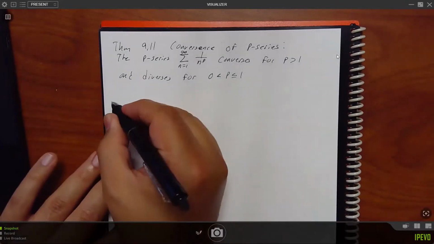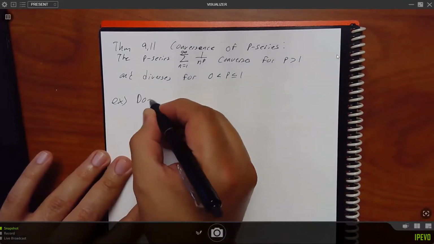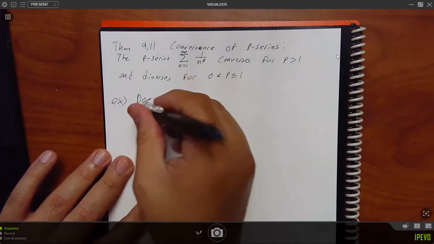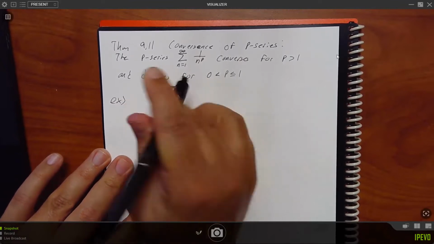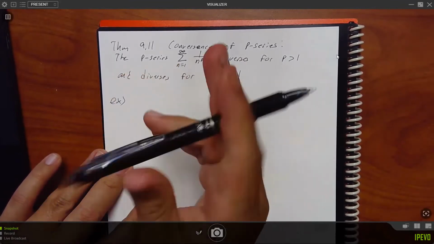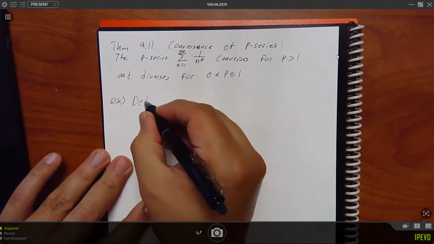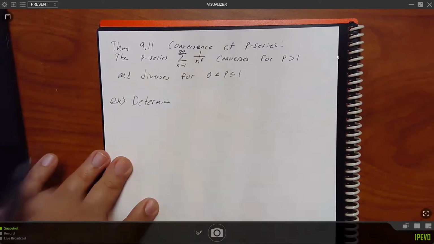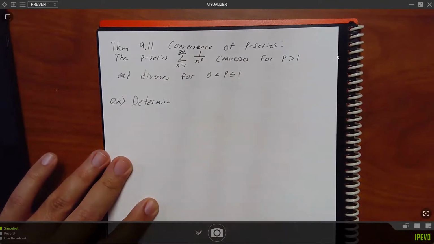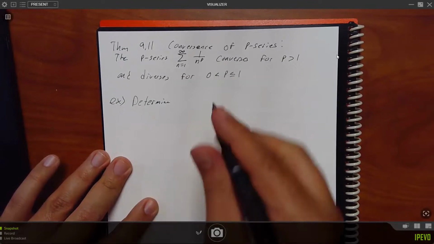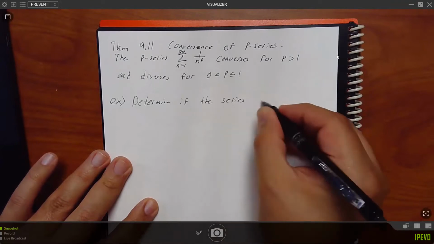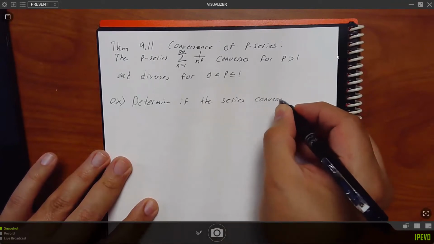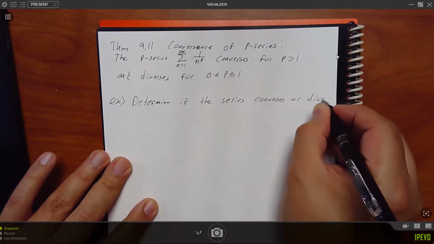So, for example, determine if the series converges or diverges.